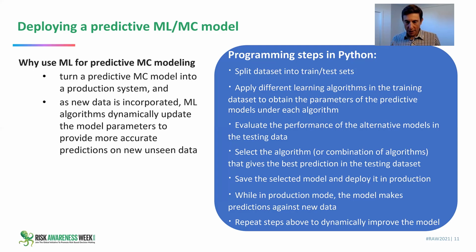But now, once we are in production, we get more data, and the more data we get, we repeat the process automatically. It will split the data into training and testing.